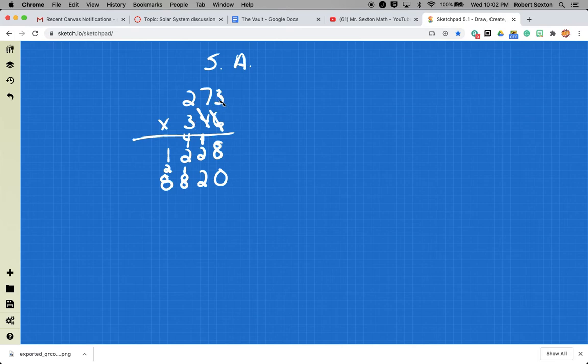3 times 3 is 9, yes. But 300 times 3 is 900. Because that's a 3 in the hundreds place. Now 3 times 7 is 21, yes. But 300 times 7 tens is going to be 21,000.